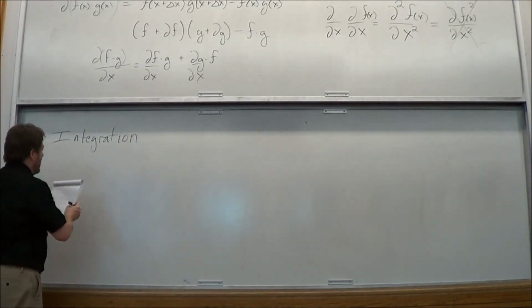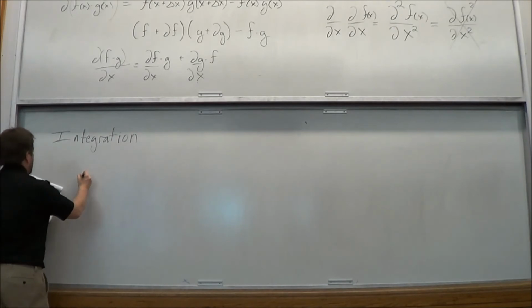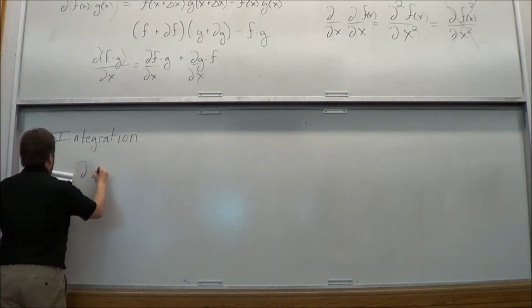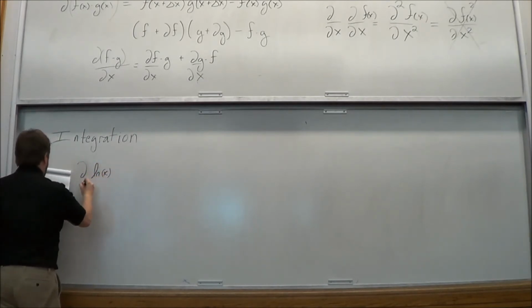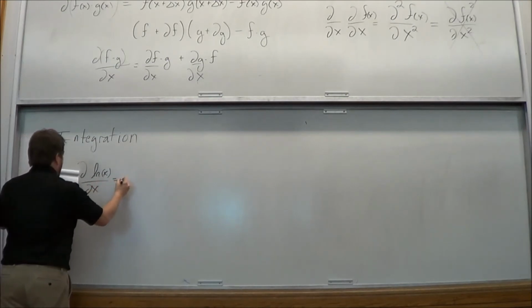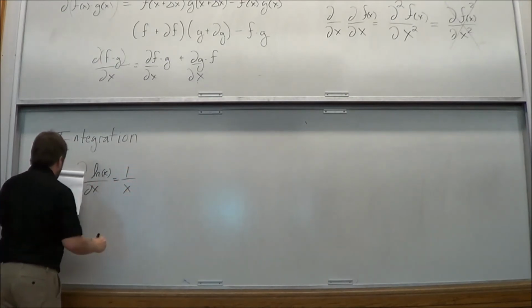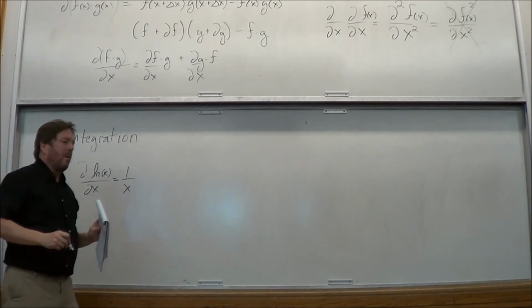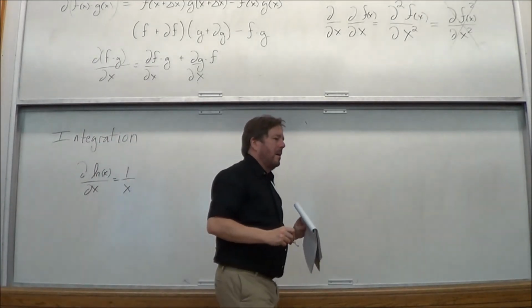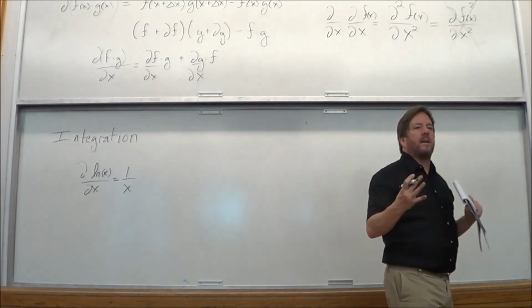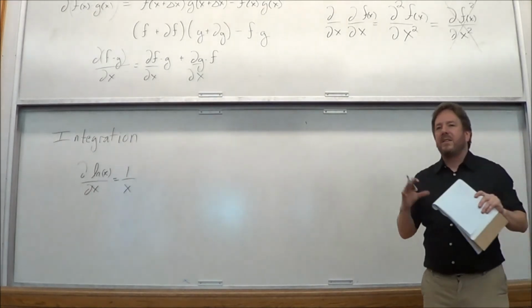Okay, let me do this. Let me be a little bit more formal before I show you the loosey-goosey way to do this. Let me just write down the derivative of the natural log of x. It's 1 over x. Okay. Now, this is how I could define an integral. It's also a way to solve it, right?